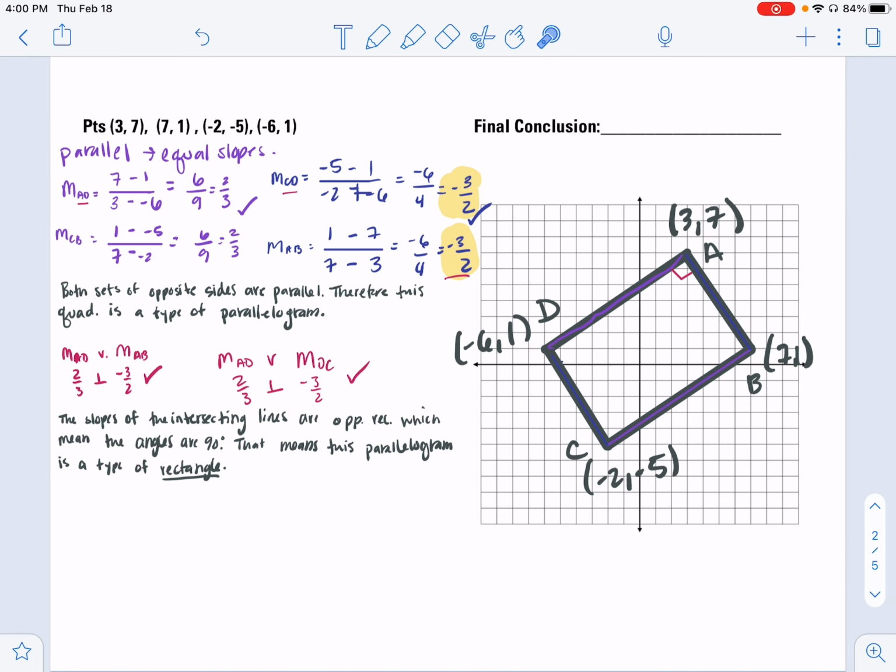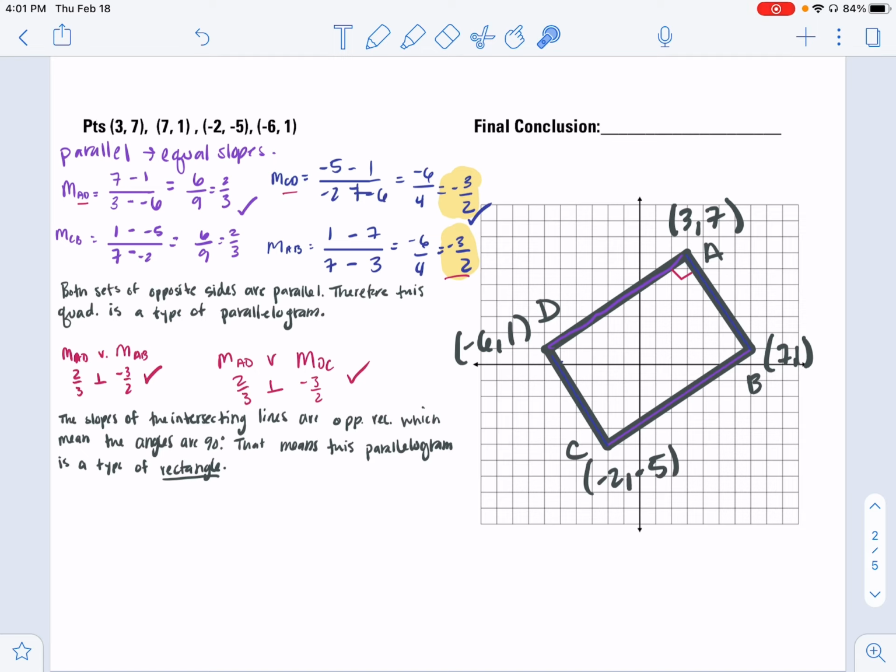Now, we can actually go really easily here. The two sides that I'd be comparing would be AD and AB, or CD and CB. Because we know, because it's a parallelogram, we know AD and CB have to be the same length. Because it's a parallelogram, we know CD and AB have to be the same length. The only question is, are the two side by side the same length?